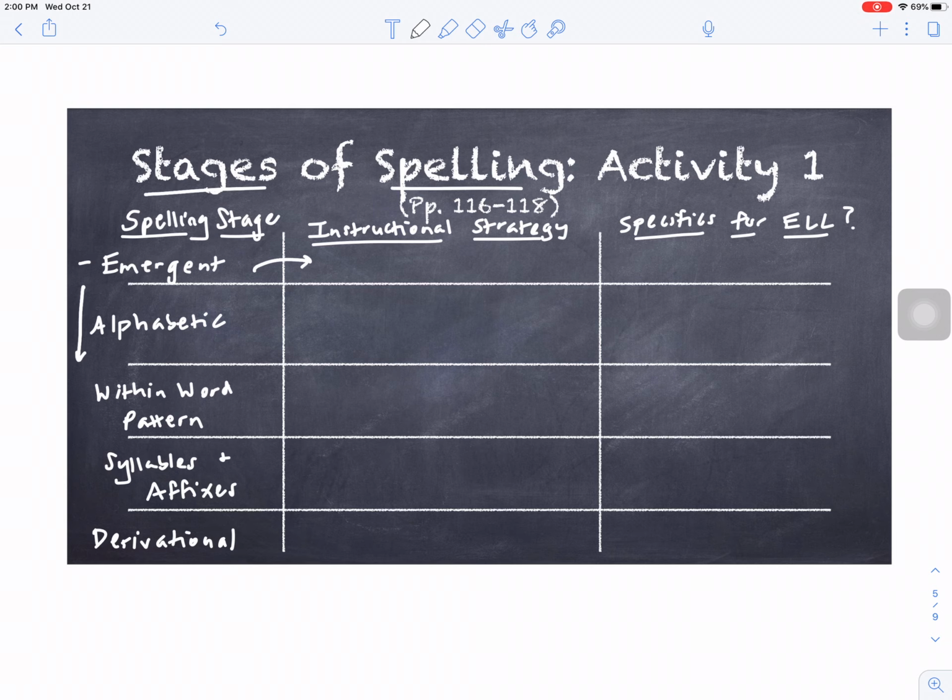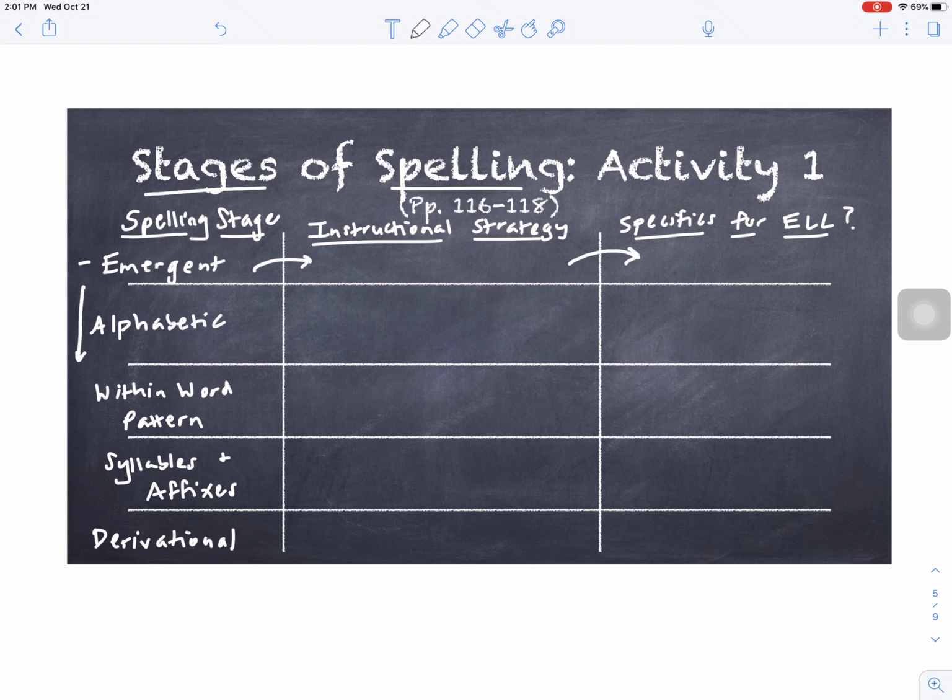And then your book also, in the same section, gives some really specific advice for English language learners who are within this stage. So whatever specifics your book talks about for ELL students, you want to also name some of those.